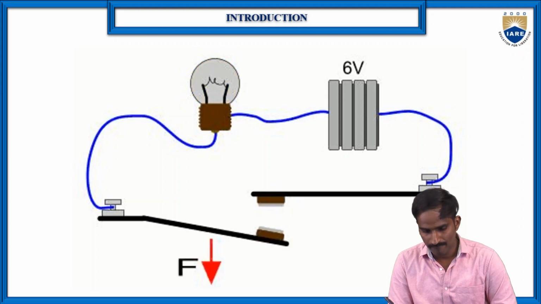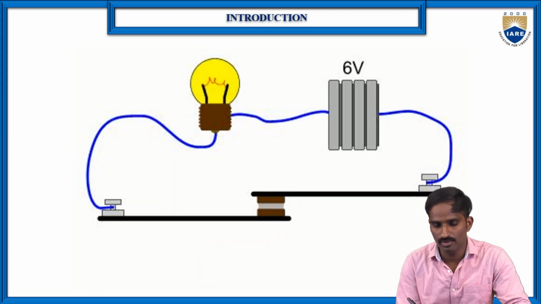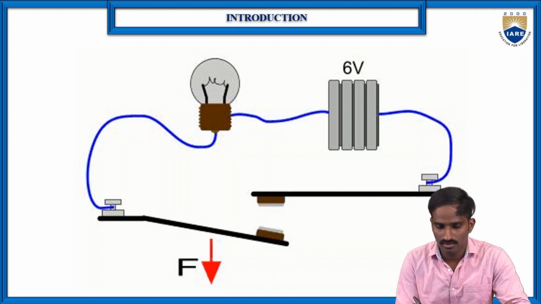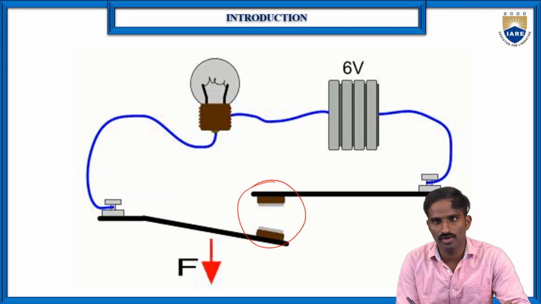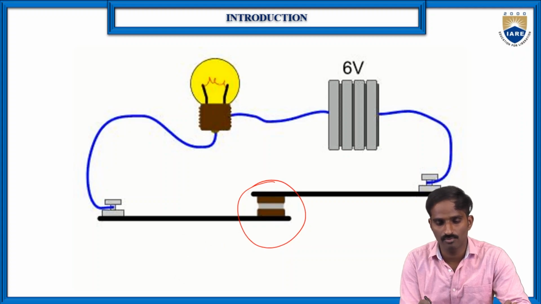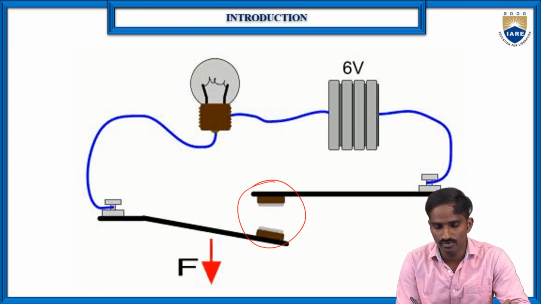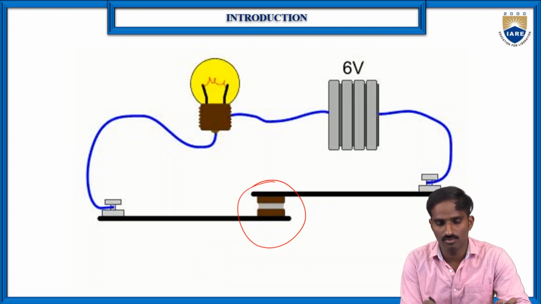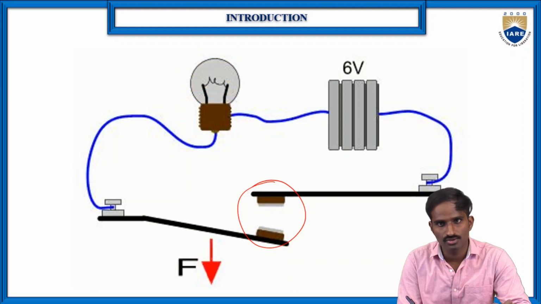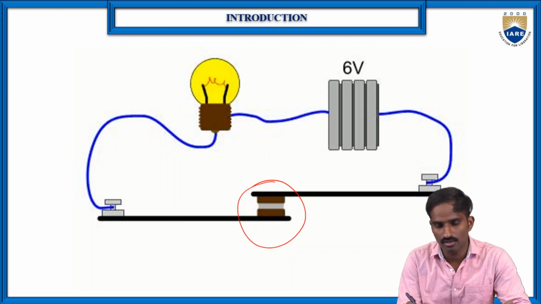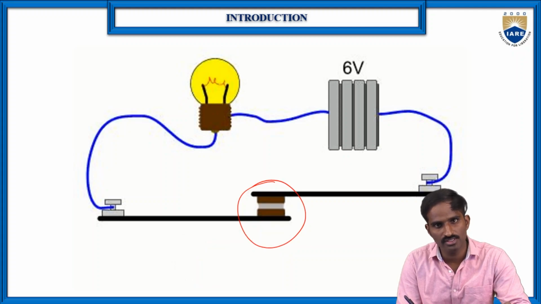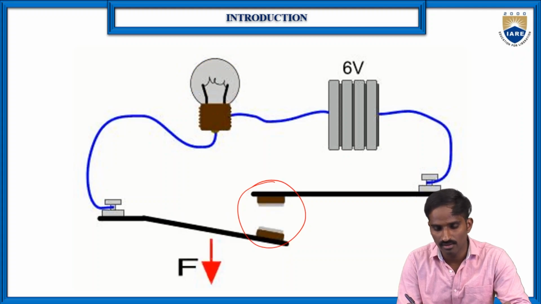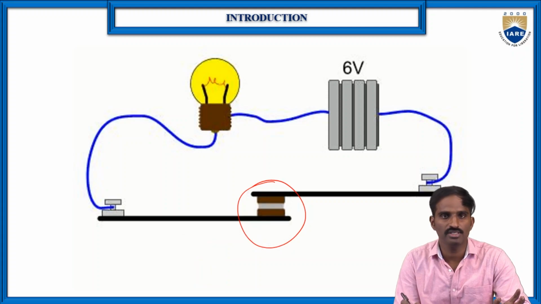Then here you can see a simple animation circuit. When you disconnect these two wires, it is an open circuit, and the bulb will not turn on. But when you close these two contacts, the bulb turns on. This is the switch. A switch is nothing but making an open or closed circuit. Making an open circuit is turning off, and making a closed circuit is turning on the switch.